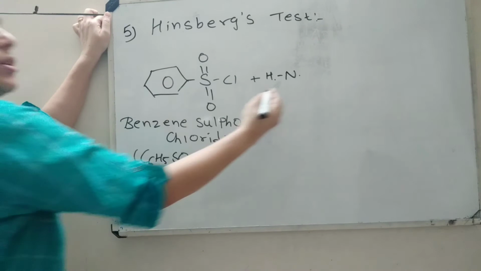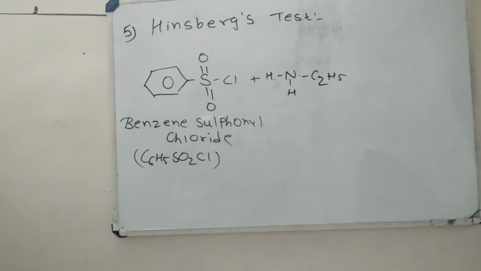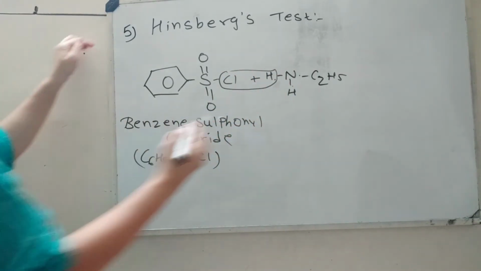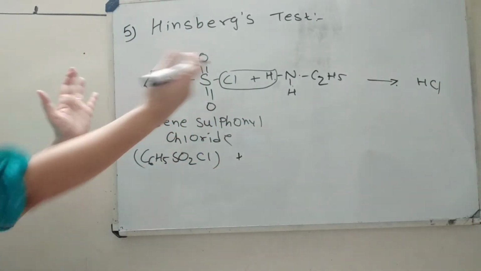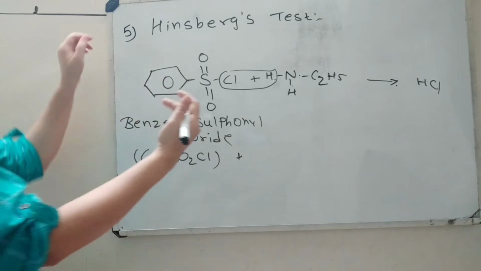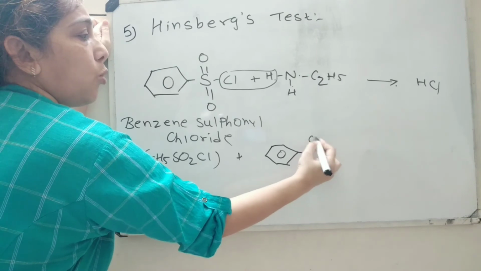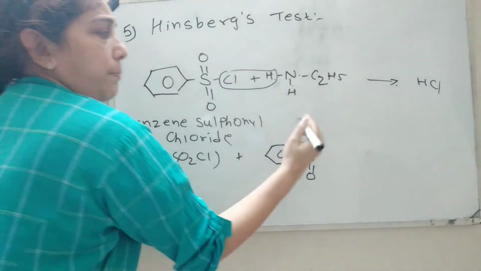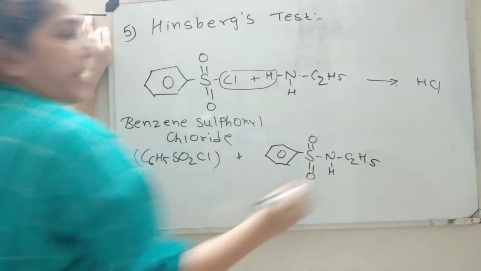suppose it reacts with ethylamine, a 1 degree amine. At that time, Cl and hydrogen combine to form HCl as a byproduct. And whatever is left, we just write in the combined form. So it is benzene, SO2 with double bonds to O, then Cl is replaced, only direct NH, C2H5.